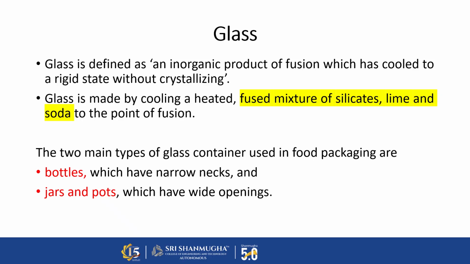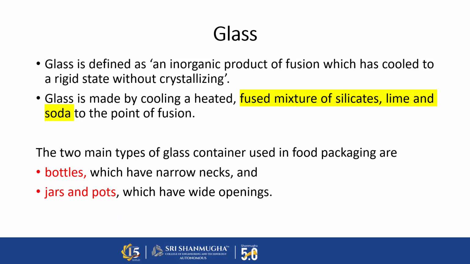Glass is defined as an inorganic product of fusion which is cooled to a rigid state without crystallizing. Glass is a hard, transparent material made by melting natural materials and then cooling them without crystals forming.